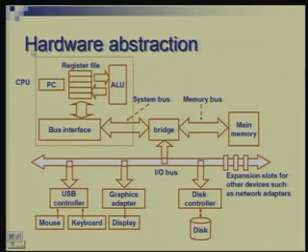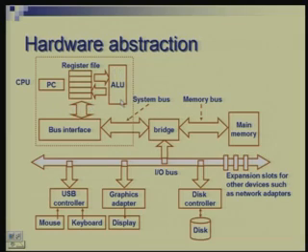This is a system bus, this is a memory bus, there is a bridge connecting these. Now, if you go further into this box which I have labeled as CPU, you will find that it is further subdivided. So, you have a program counter, register file, ALU and bus interface. Program counter keeps track of the current instruction being executed. Register file stores the operands which are currently in use.